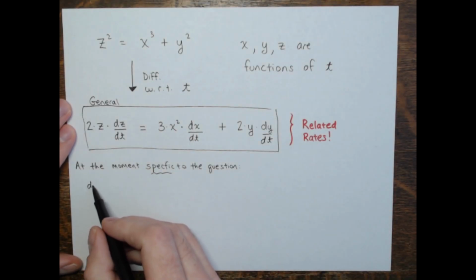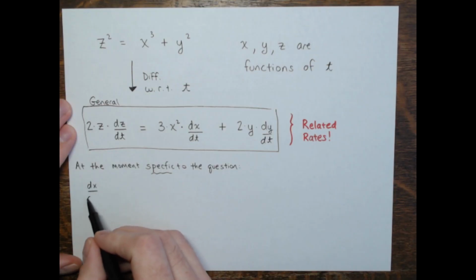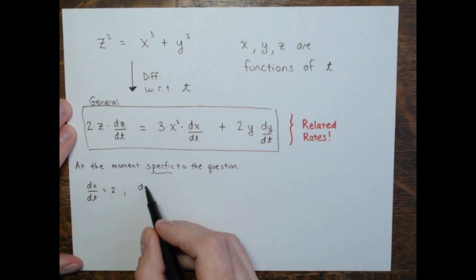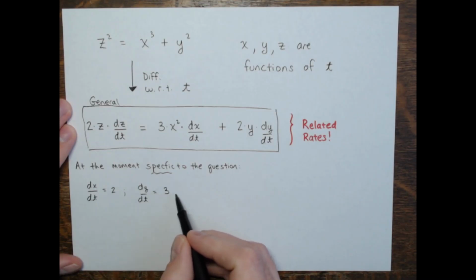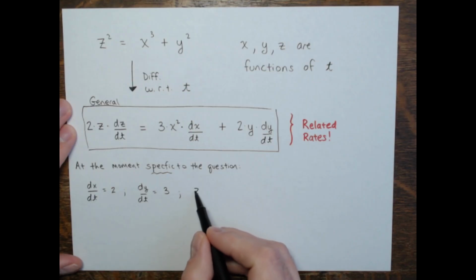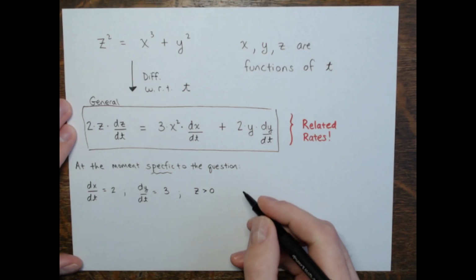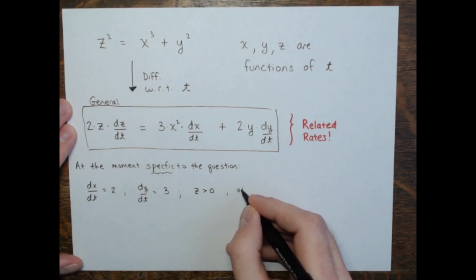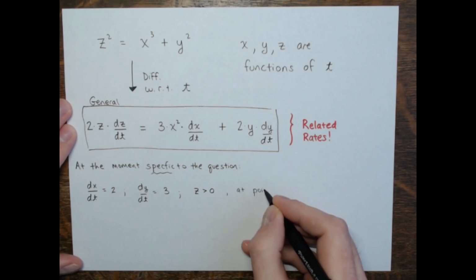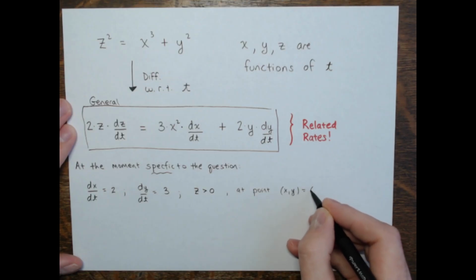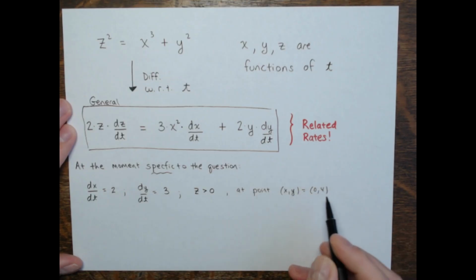So again, we're told that dx dt has a value of 2, dy dt has a value of 3. Z must be some positive value, and we'll find this in a second. And we're at the point where x and y are 0 and 4.